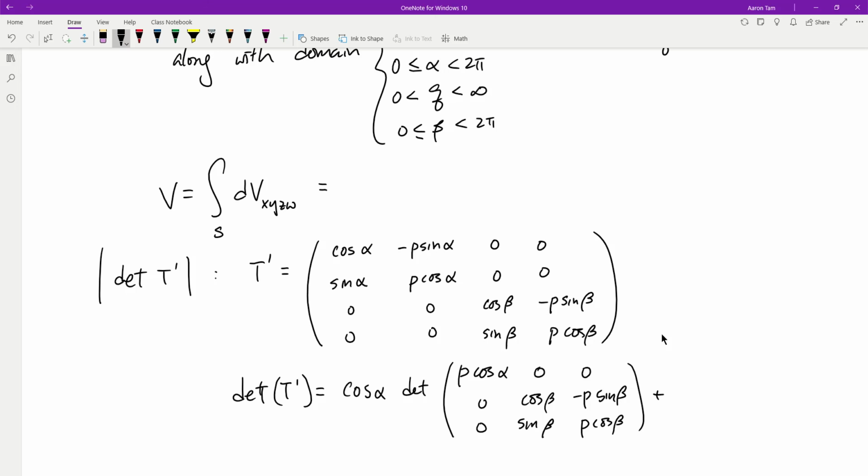Actually it's minus the next one, but because it's negative, it's a double negative, so it becomes plus P sine alpha multiplied by the determinant of sine alpha, 0, 0, and then 0, cosine beta, sine beta.